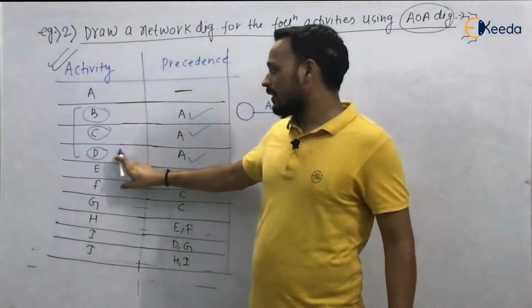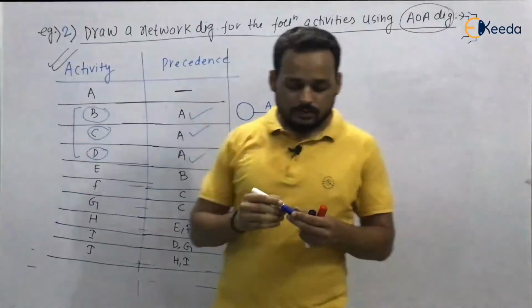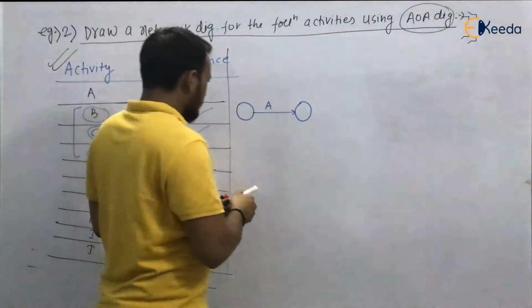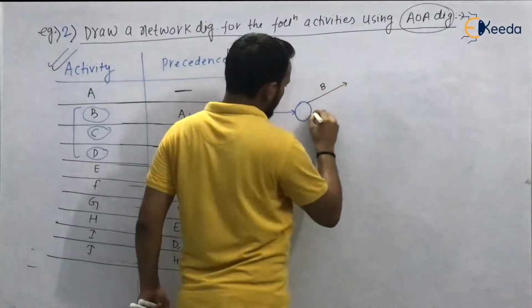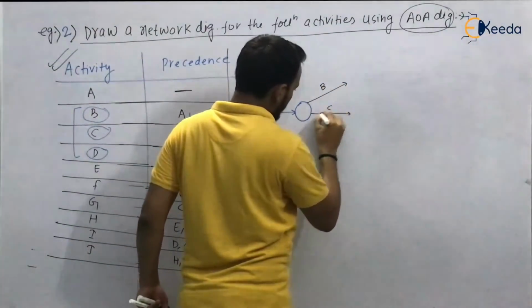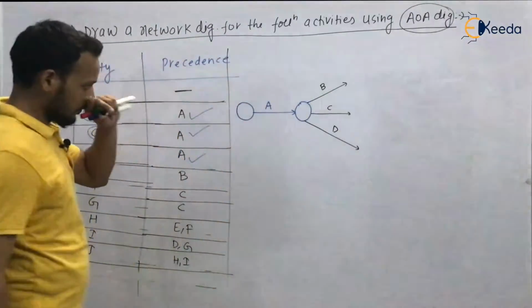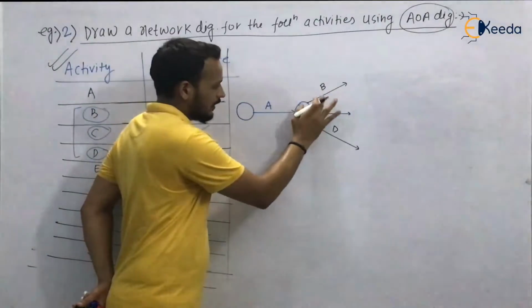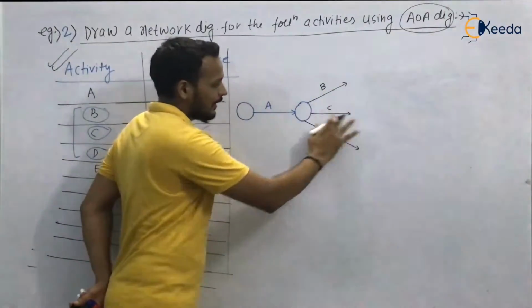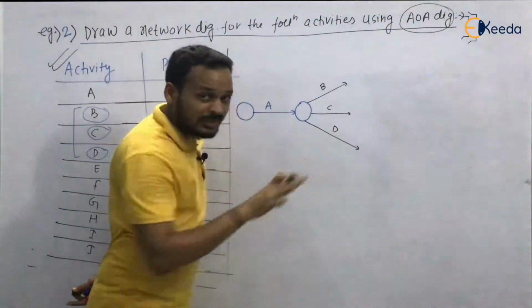So start activities B, C and D like this, because A is precedence to all these three. So B, C and D start at the point where A has terminated.